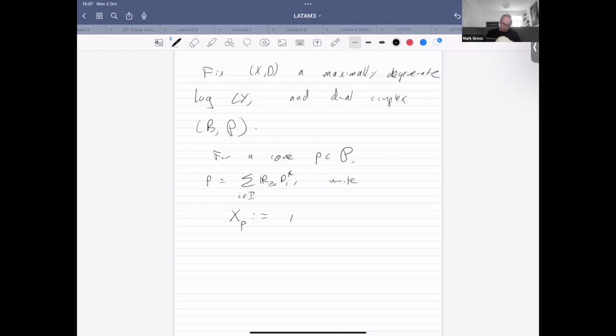This is just the corresponding stratum, this intersection of all D_i for i in I. So that's guaranteed to be non-empty by the fact that rho is in P.